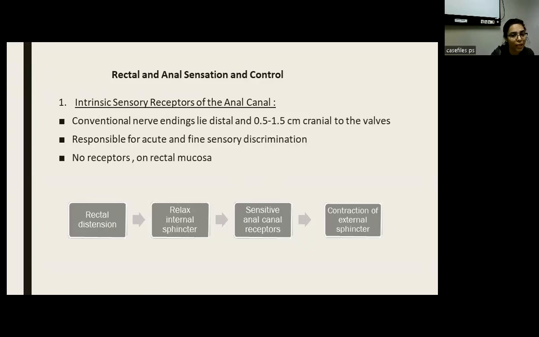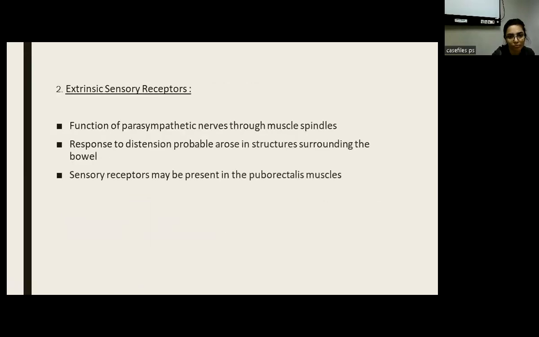This is responsible for acute and fine sensory discrimination, and there is no receptor found at the rectal mucosa. When the content of the rectum increases, which causes rectal distension, this causes relaxation of the internal sphincter, and these nerve endings, which are highly sensitive, sensitize the anal canal, and contraction of the external sphincter occurs.